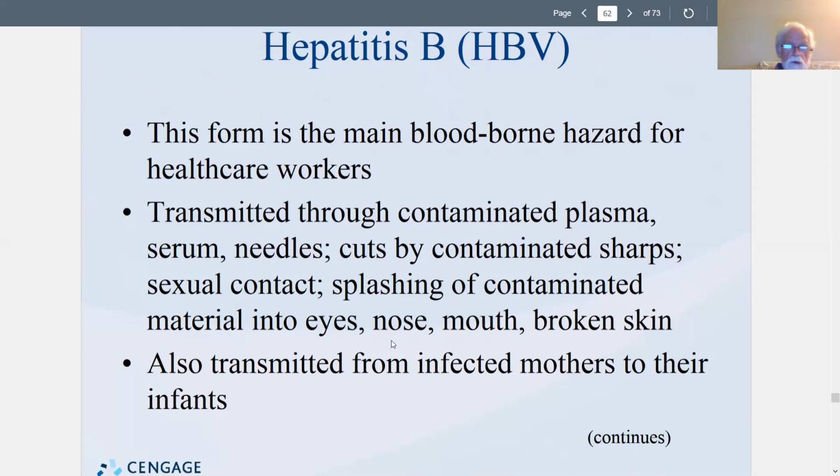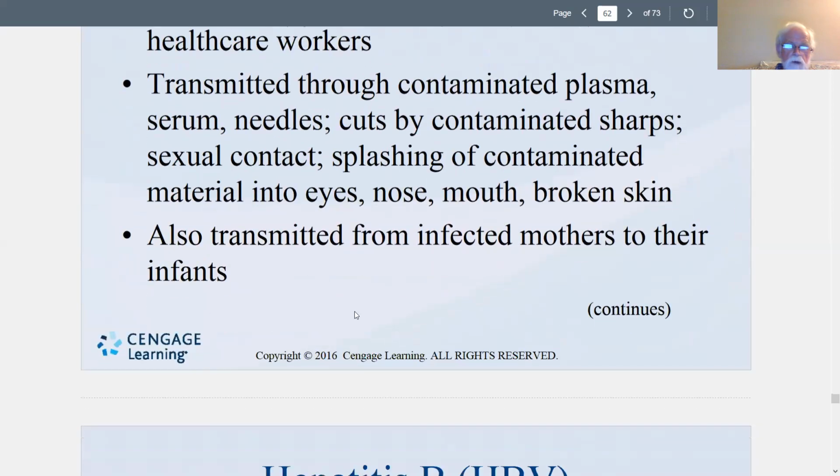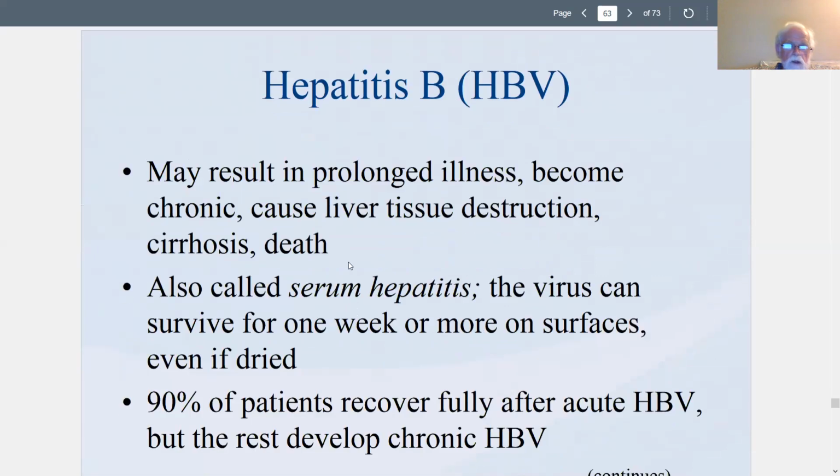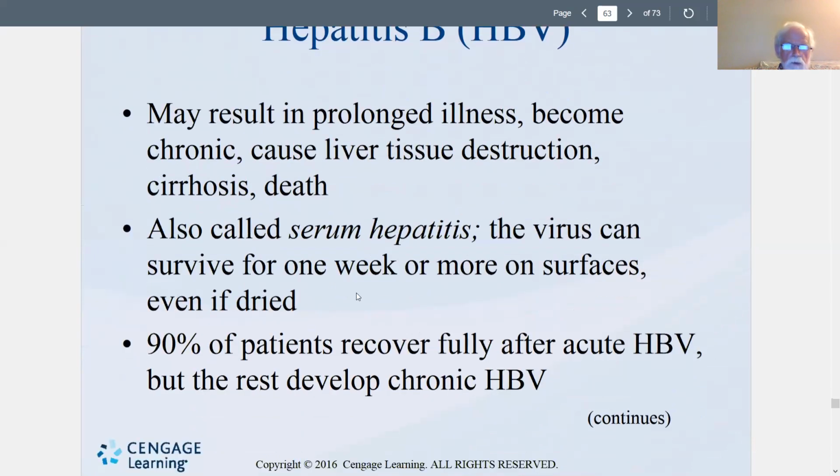It can also be transmitted from infected mothers to their infants. It can result in a prolonged illness and become chronic, and cause cirrhosis, also known as serum hepatitis. The virus can survive for a week or more on surfaces in the environment.